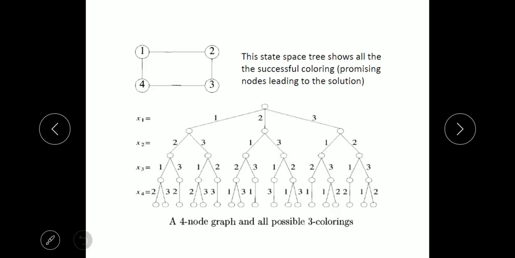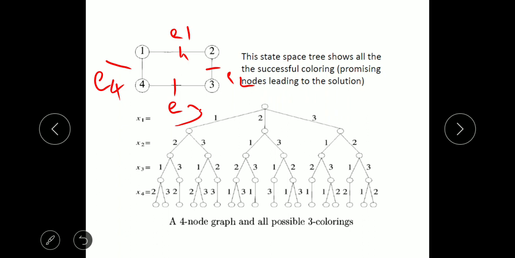So let us look into a problem. Suppose you are given a graph which has 4 vertices, 1, 2, 3 and 4, and there exists an edge between 1 and 2, let me call this edge E1, the edge between 2 and 3 is E2, the edge between 3 and 4 is E3, and the edge between 4 and 1 is E4.